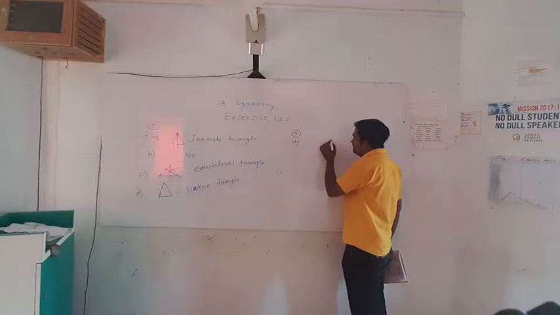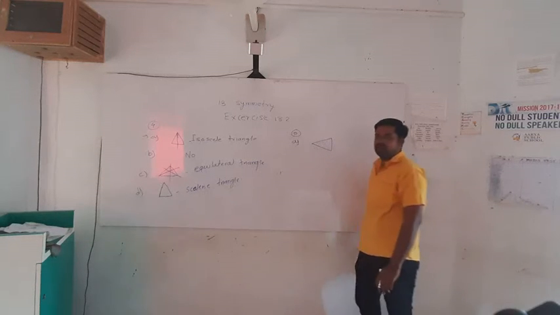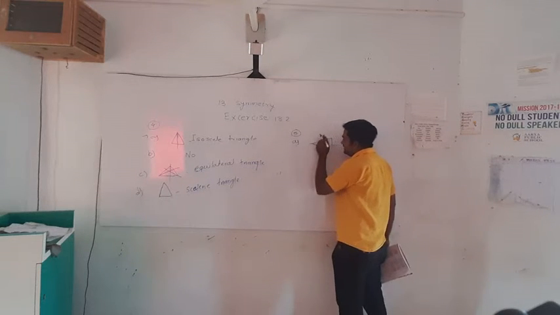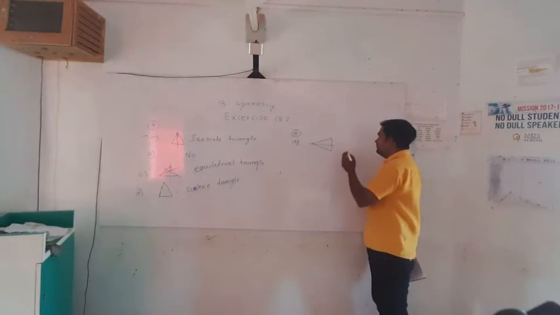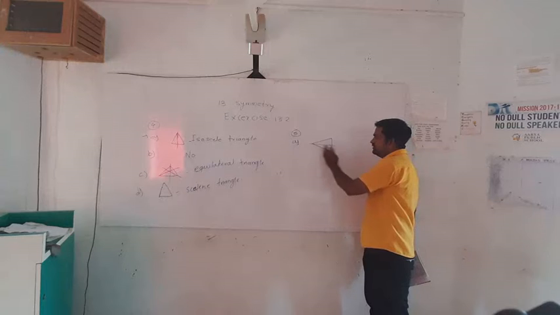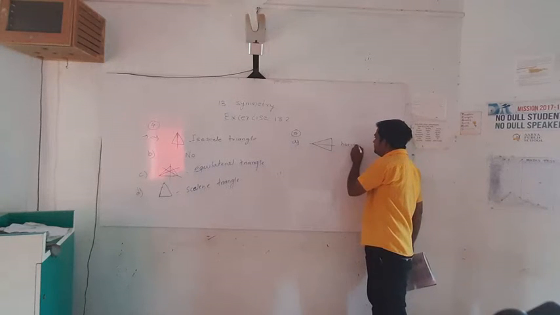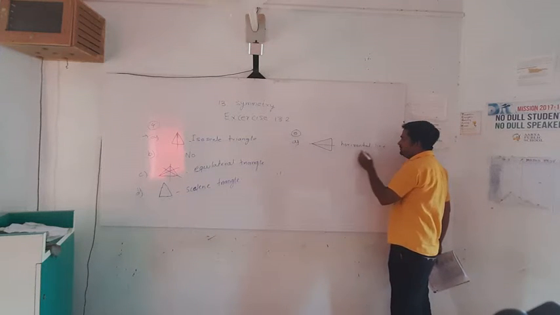You can draw an isosceles triangle with only a horizontal line of symmetry. Is it possible to draw a vertical line of symmetry? No. So which type of figure can it be? This way, an isosceles triangle with a horizontal line of symmetry.